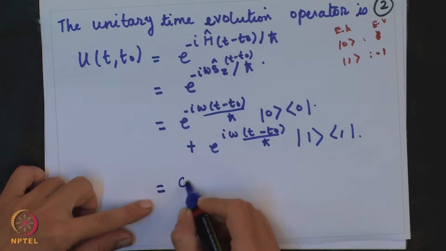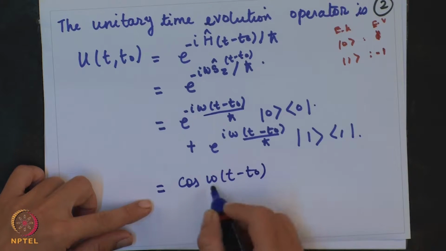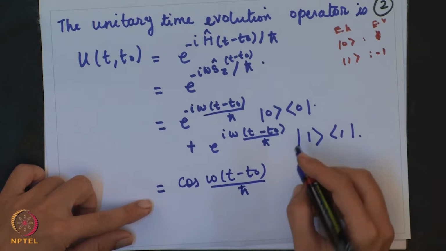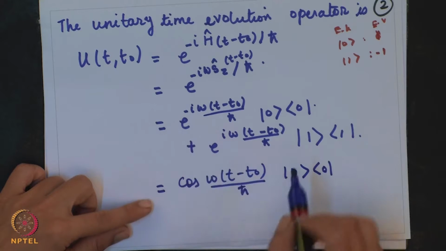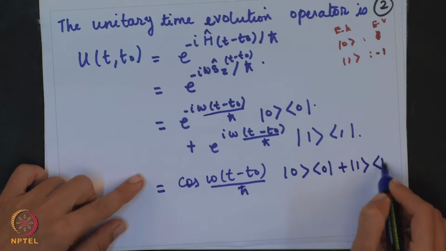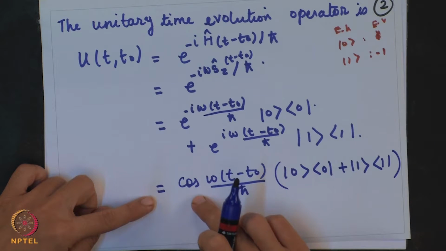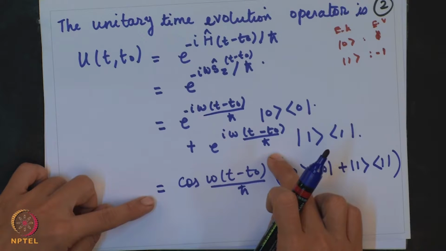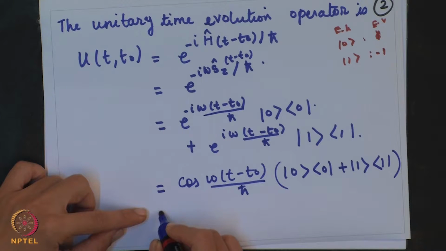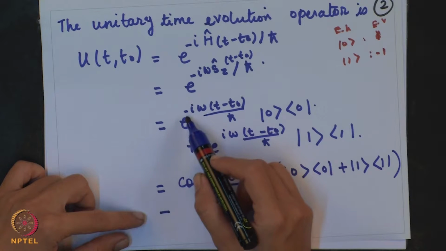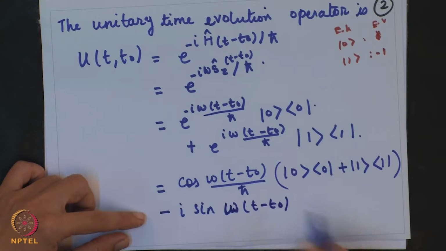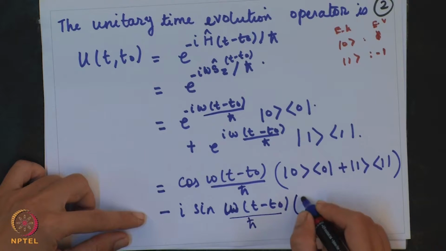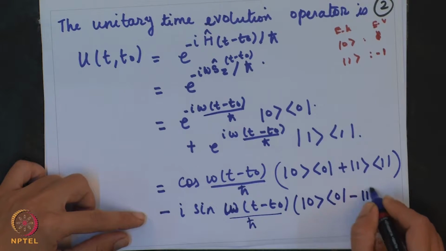So, I write the first term as cos omega (t minus t naught) upon h cross, and the ket from the first term of this, because again I will have cos theta, that is cos omega (t minus t naught) upon h cross, plus e raised to minus i theta will give me minus i sin omega (t minus t naught) upon h cross times 0 0 minus 1 1.